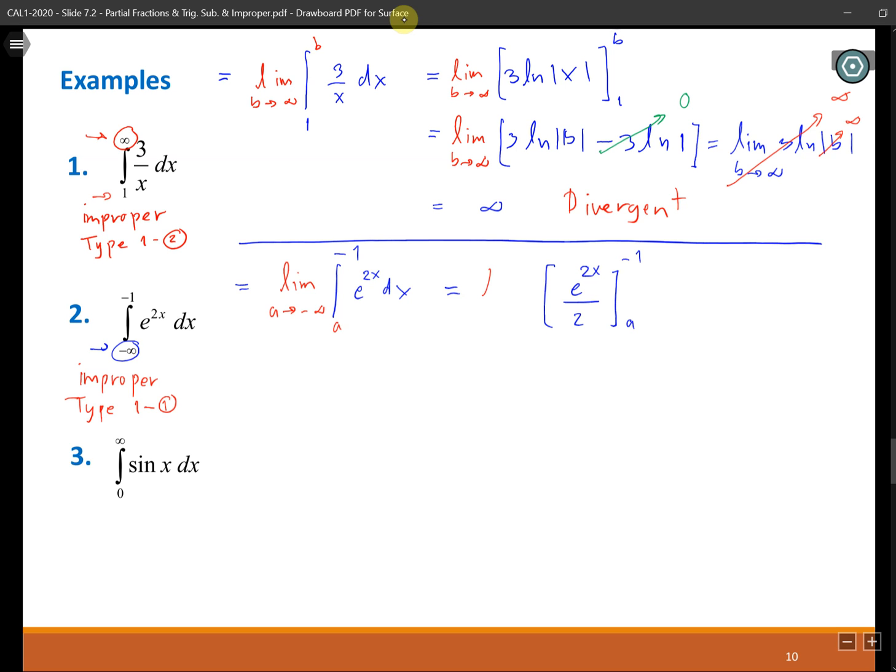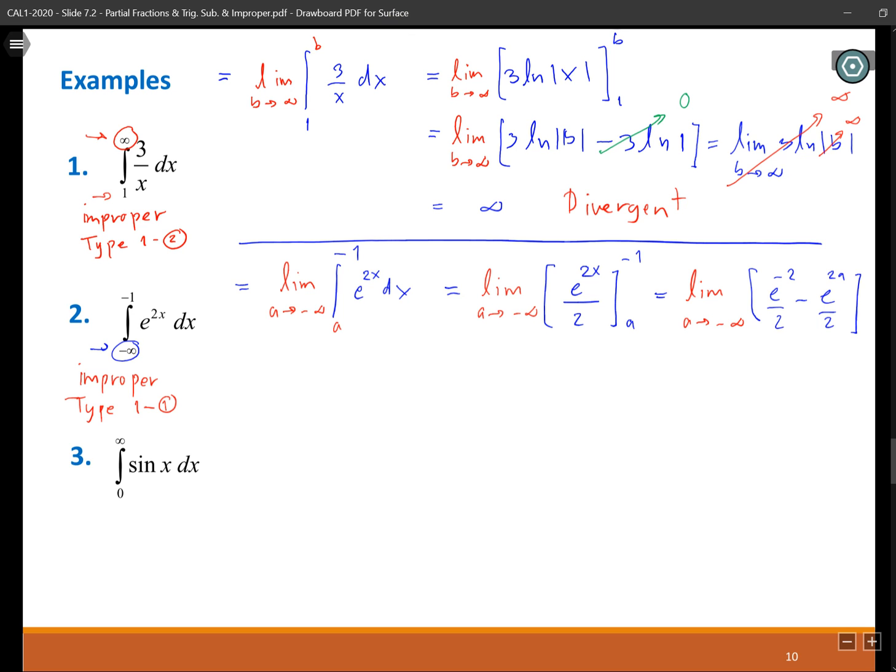And here, don't forget the limit as a approaches minus infinity. Now let's continue. This equals the limit as a approaches minus infinity of e to the power of minus 2 over 2 minus e to the power of 2a over 2.